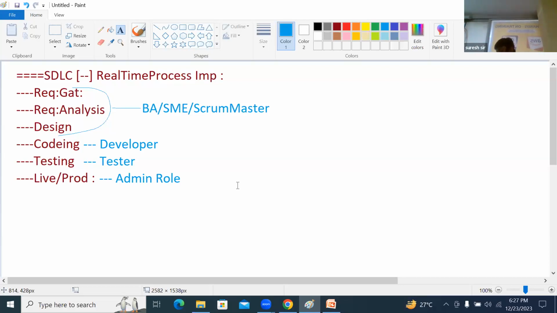When the interviewer asks these 3 questions, 95% of the time, most people just give the full form of SDLC. They will write these steps and mention what these steps are in simple terms.